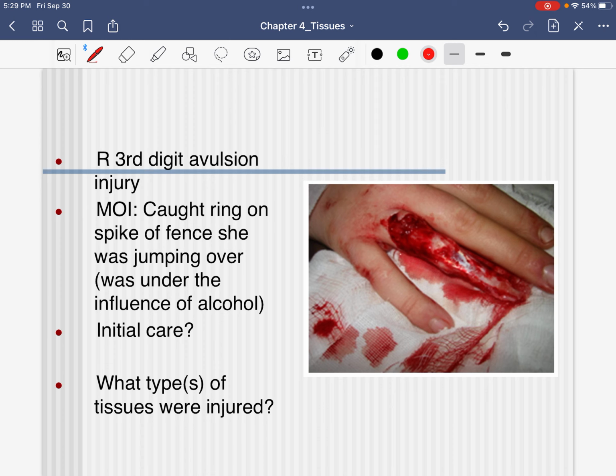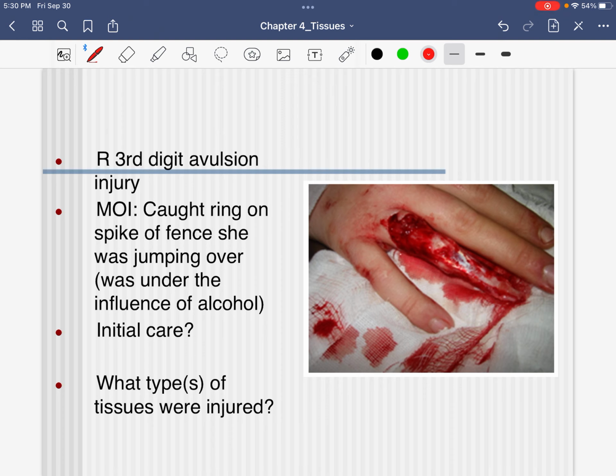Okay, so let's say we have this situation. We have a digit avulsion. I found this online, and I gotta say, the picture actually looks pretty real to me. So in terms of legitimacy, I think it's a real picture.